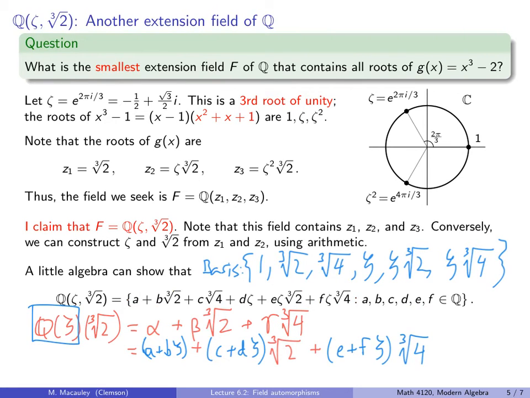And then if we multiply this all out, we will get something that looks like this. Now I may have permuted my c's, d's, e's, and f's. It doesn't matter.